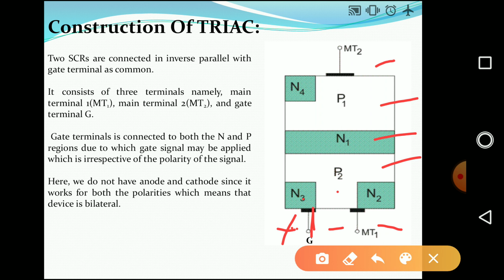When we apply a positive supply, the P2 layer becomes forward biased, which makes the P2N1 junction forward biased. Next, if we apply a negative supply, the N3 layer will be forward biased, which makes the N3 and P2 junction forward biased.